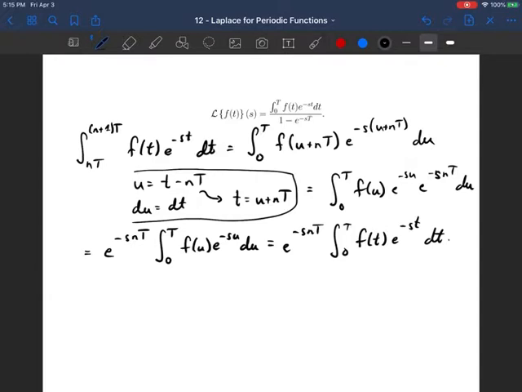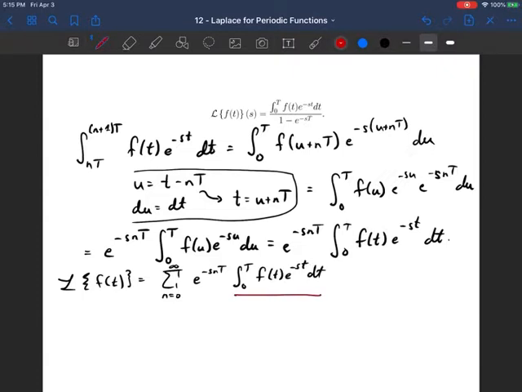Because it's a dummy variable, we can switch it back to t for convenience sake. Okay, so going back to our formula for the Laplace transform, we have that L of f of t is equal to the sum from n equals 0 to infinity of e to the minus s n t, times the integral from 0 to capital T of f of t e to the minus st dt.